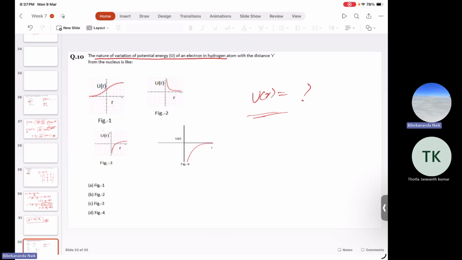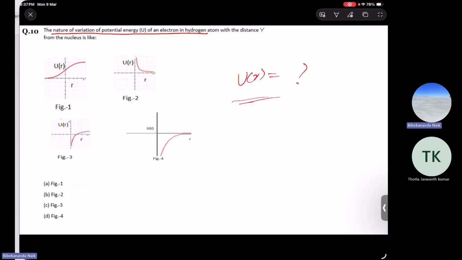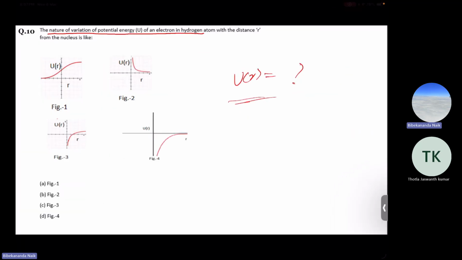So if we solve it, we know the potential energy of an electron in hydrogen atom is given by the expression U(r) is minus 1 by 4 pi epsilon 0 r. So it varies as 1 by r, and it is in the negative quadrant.